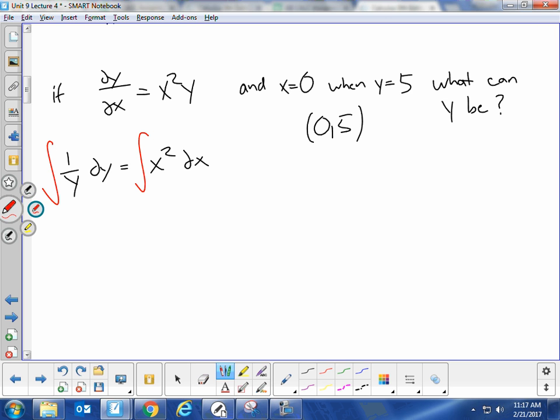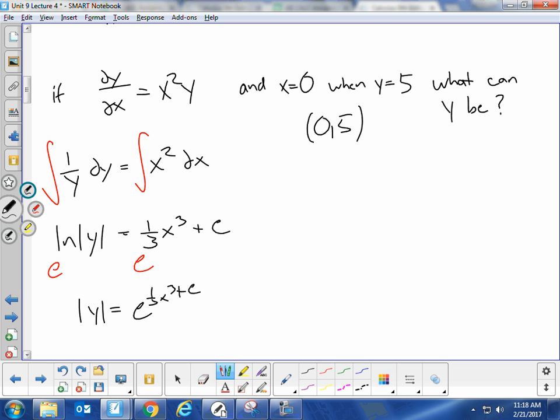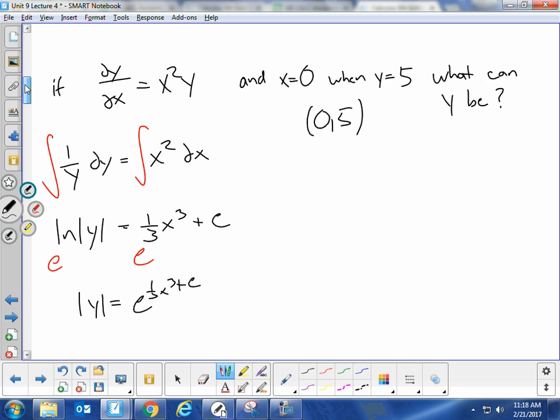Okay, pretty standard one here. Separating my variables, I have 1 over y dy equals x squared dx. Anti-derive, log absolute y equals 1/3 x cubed plus c. But we need to solve for y. E to the power of both sides leaves us with absolute y is equal to e to the 1/3 x cubed plus c, all in the power of e.